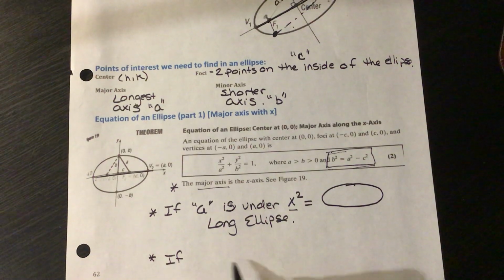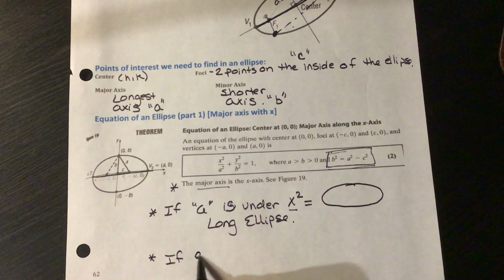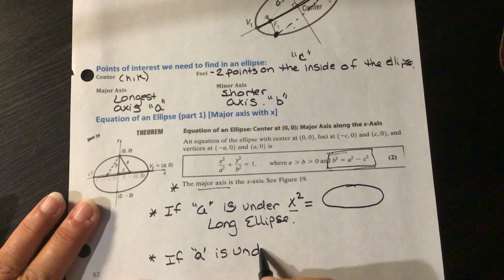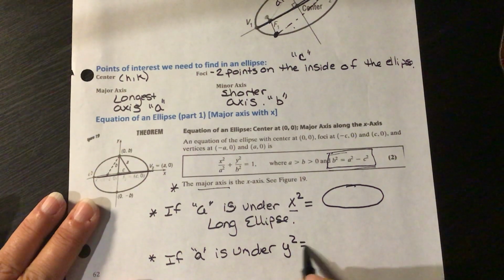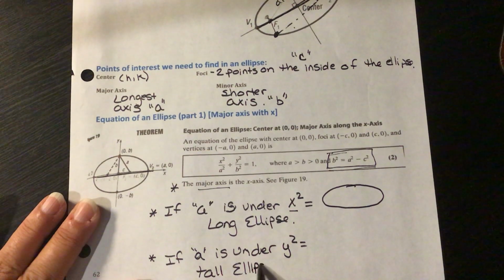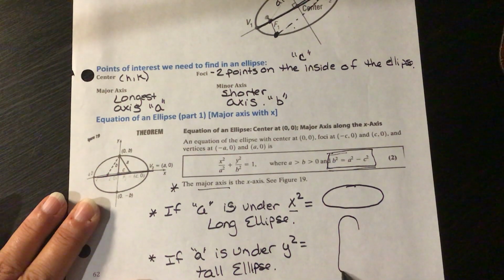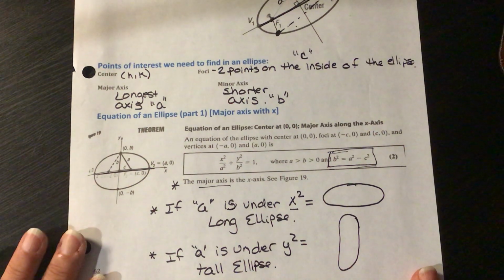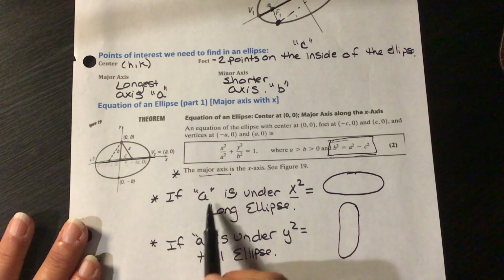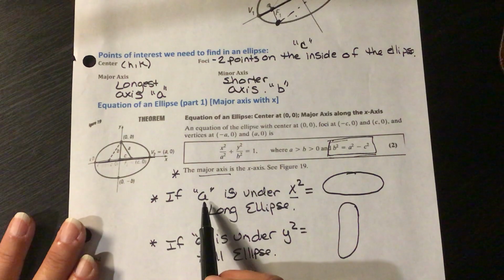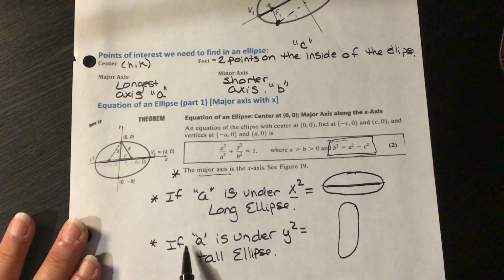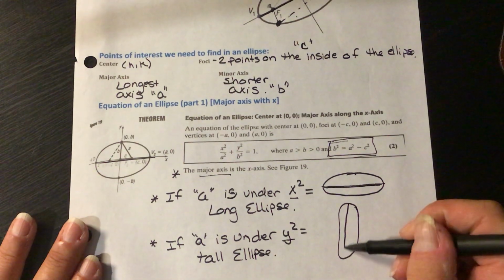And if a is under the y squared, then you're going to have a tall ellipse, so it's going to be more like this. So a is always the long side, and if it is under the x squared, it's very wide. And if a is under the y squared, it's very tall.